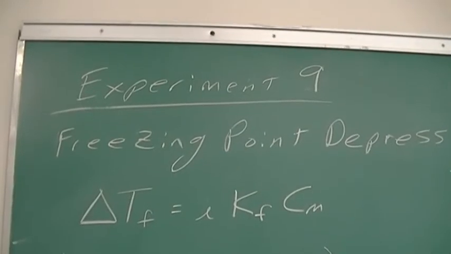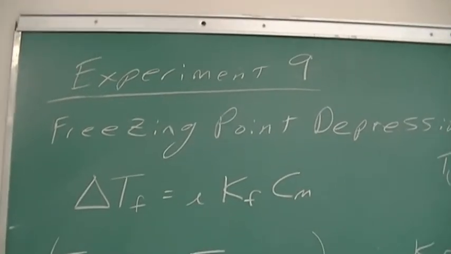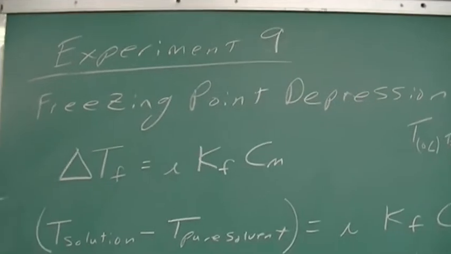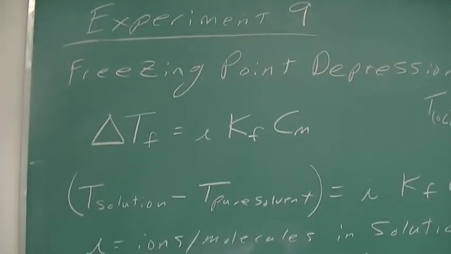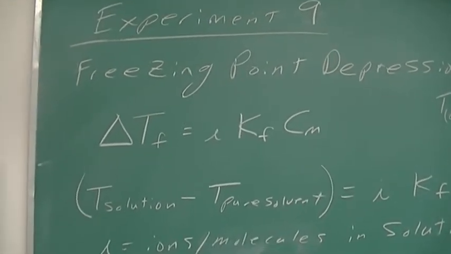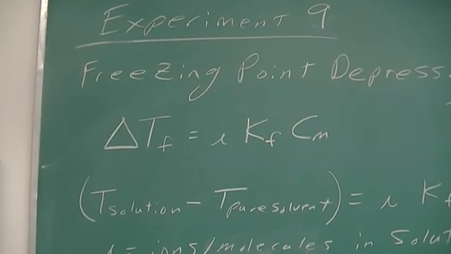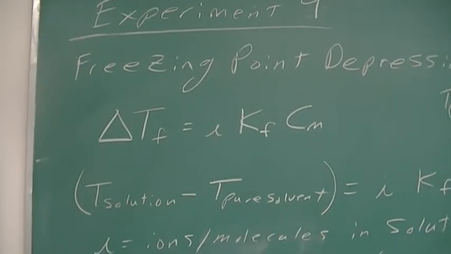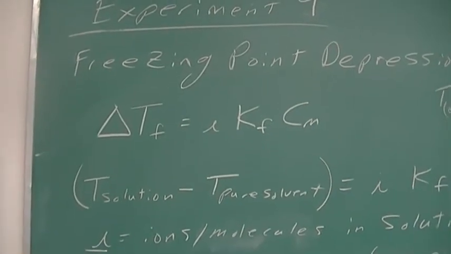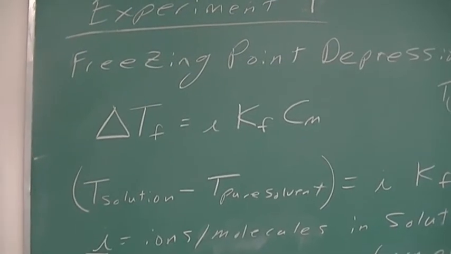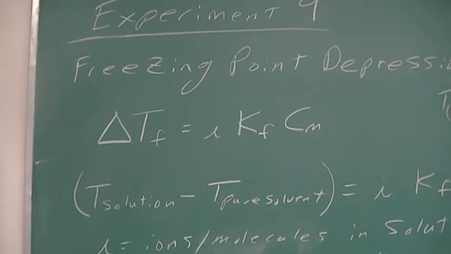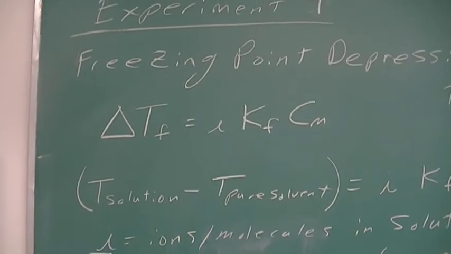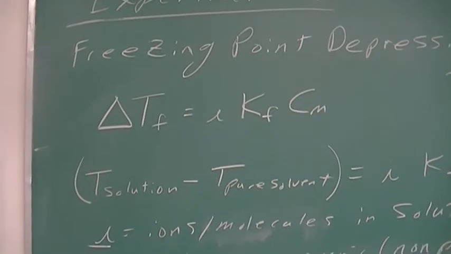Okay, today we're going to do experiment 9, which is freezing point depression. The equation for freezing point depression is delta T sub F equals i Kf C sub m. With freezing point depression, if you have, for example, water, it will freeze at 0 degrees Celsius.